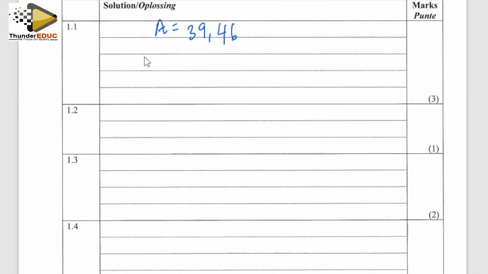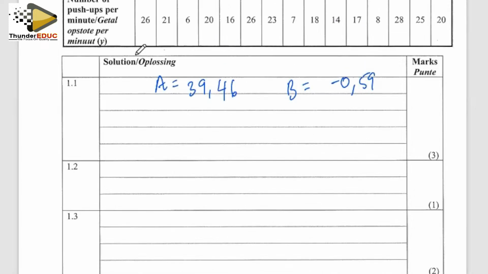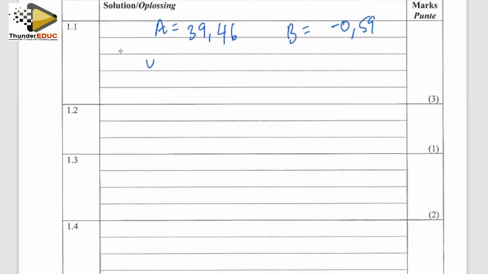And then my B is negative 0.59 if I round it off to 2 decimals. This is the number of push-ups, which means our equation will be Y equals 39,46 minus 0.59x. So a mark for A, a mark for B, and then a mark for the equation.